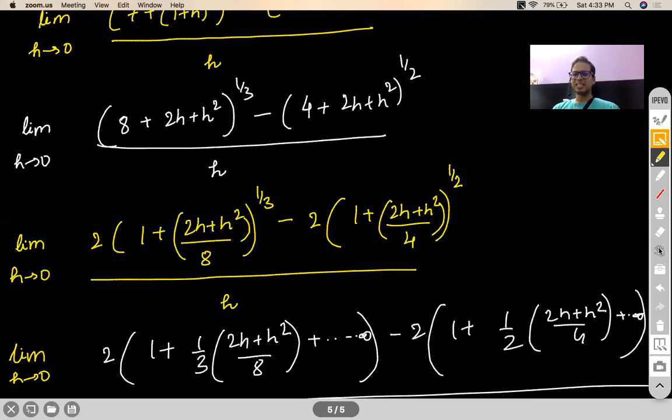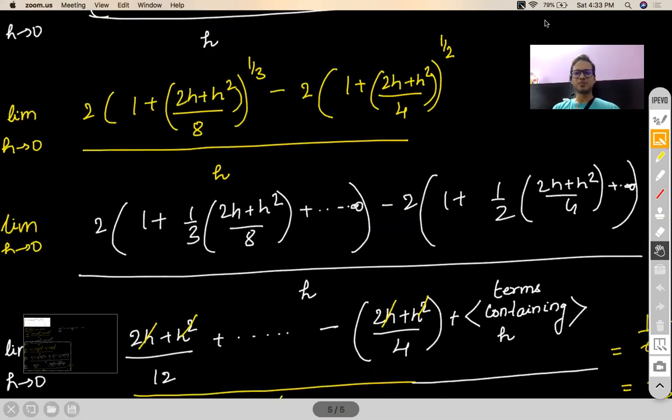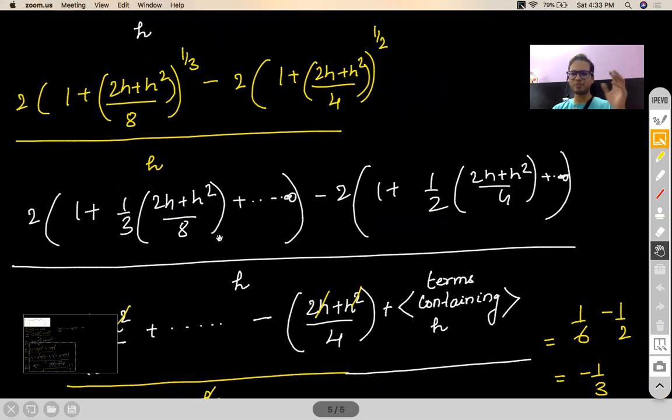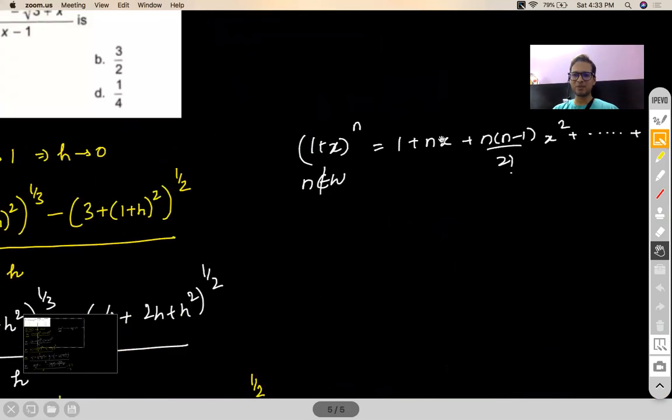Okay. With sir? Yes, sir. Sir, in this step, you took 2h plus h square by 8 as x. So how can you take the 2h plus h square by 4 also as x? I never took it as x. I'm saying for the purpose of applying your binomial expansion, assume that it is your x.